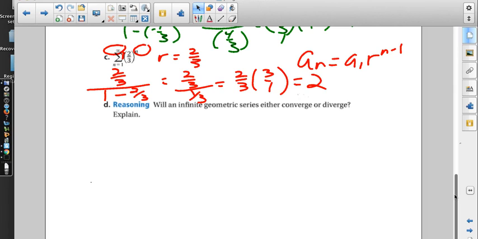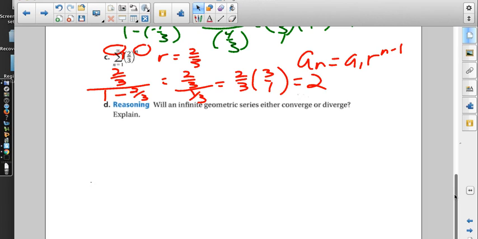Here's the issue. We know that if we have a fraction between 0 and 1, it's going to converge. We know if we have a fraction that's bigger than 1, it's going to diverge. So the one issue that we need to figure out is, what if r is 1? I mean, we haven't seen it, but what if r is 1? And you wrote out all the terms, and you were supposed to do that an infinite amount of times. Would it converge or diverge, or would it do something else? It's going to diverge.